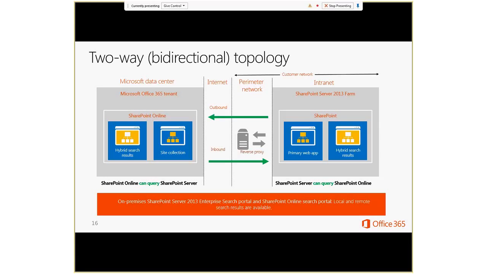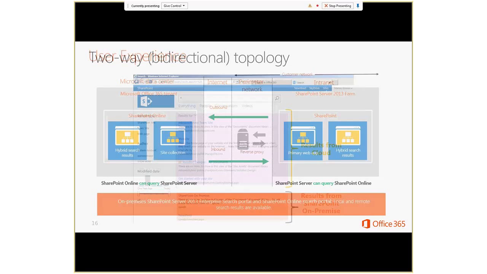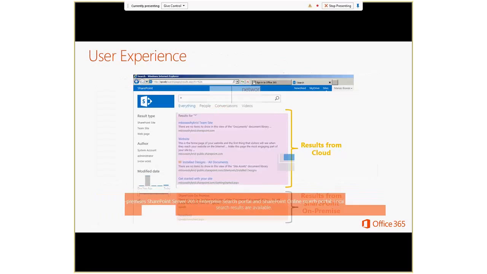Our recommendation, based on what we have been seeing as a trend, is that the easier one is to go one-way outbound. Now, when we say why easier, because when you set up one-way outbound hybrid, which is what I'm going to show the end user experience of right now, the results are returned from on-prem as well as online in separate verticals.